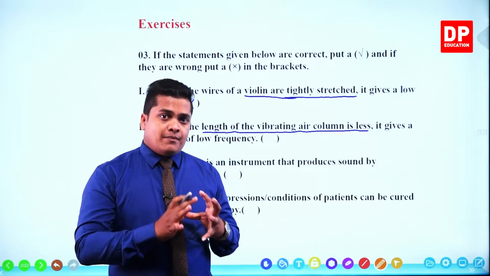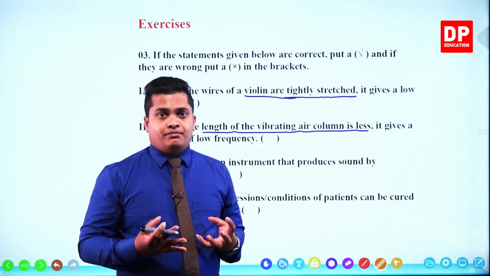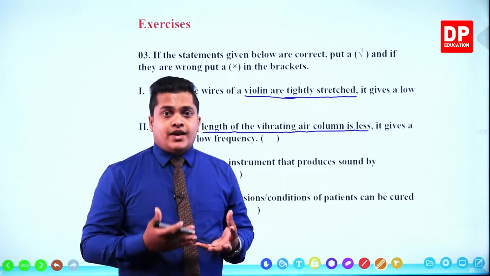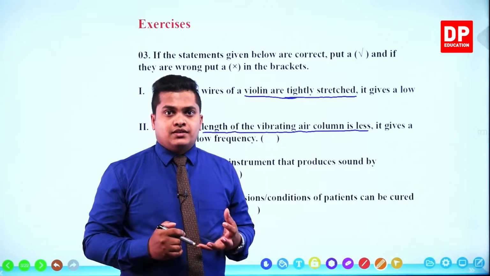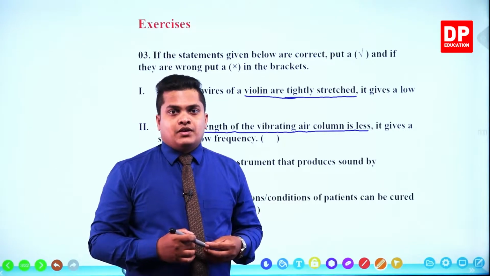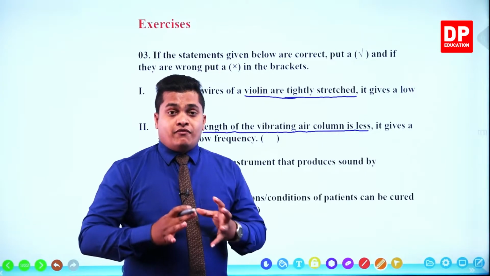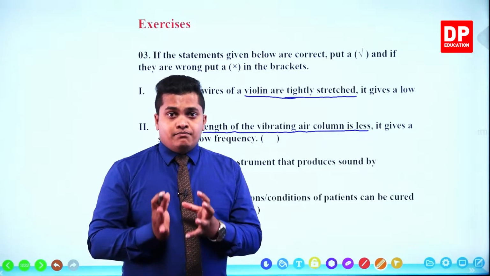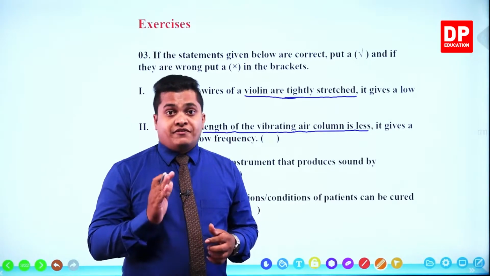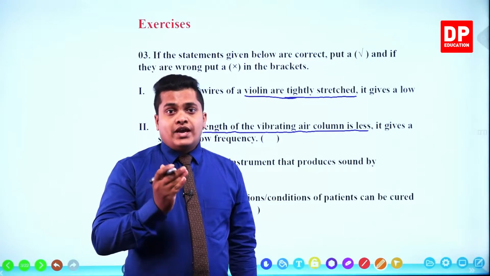If the number of air particles is less, it's quite easy to vibrate them. The number of oscillations will increase, so the number of vibrations also increases, which means the frequency is definitely going to increase.